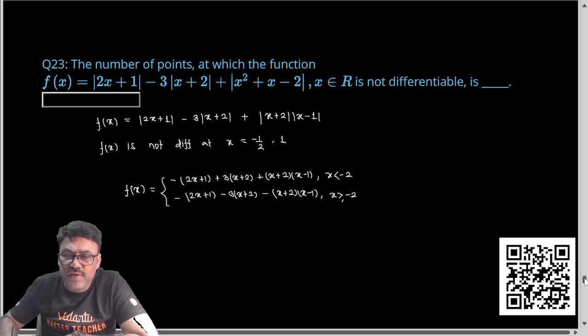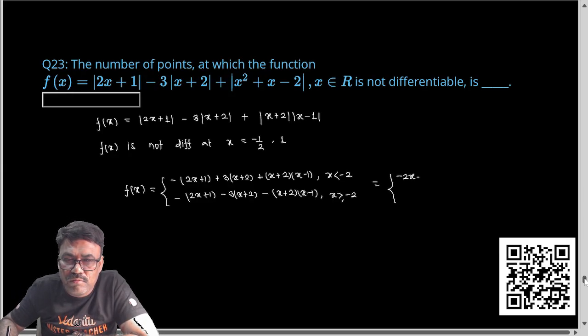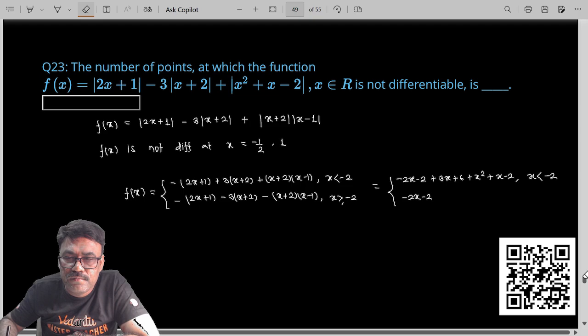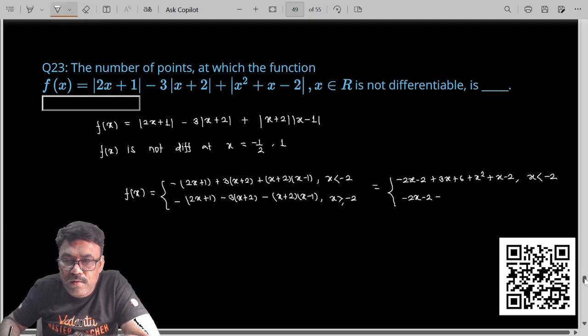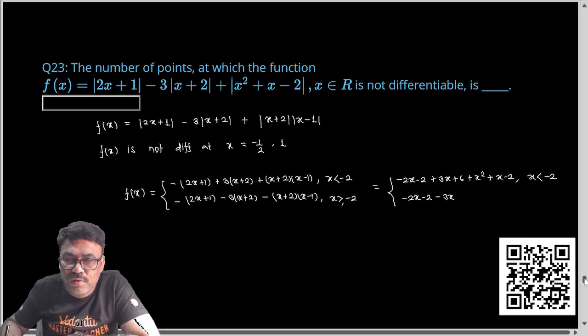Now, if you simplify it, it is minus 2x minus 2 plus 3x plus 6 plus x square plus x minus 2. This is when x is less than minus 2. In fact, just take x plus 2 common here.